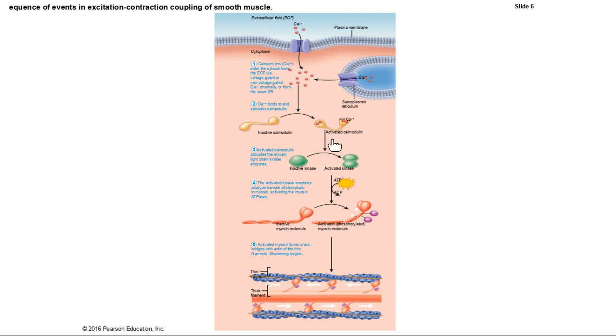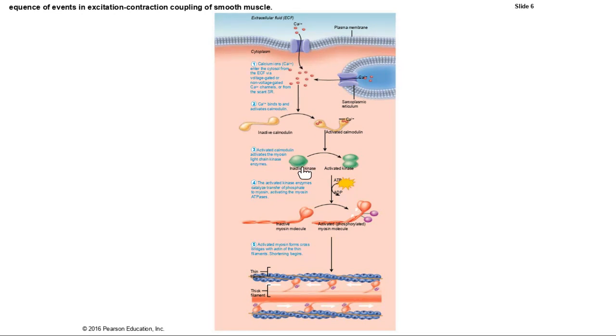So activated calmodulin will then activate something called, you must know this, myosin light chain kinase. Okay? It's an enzyme. It's called myosin light chain kinase. So the calmodulin, once it is activated through the binding of calcium to it, will then activate this kinase.